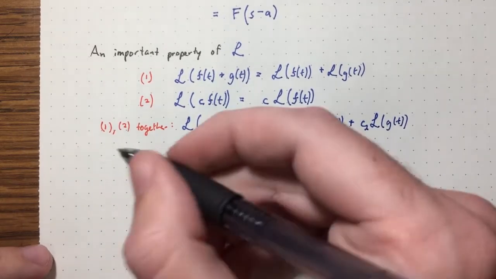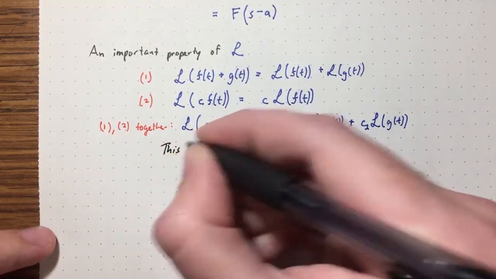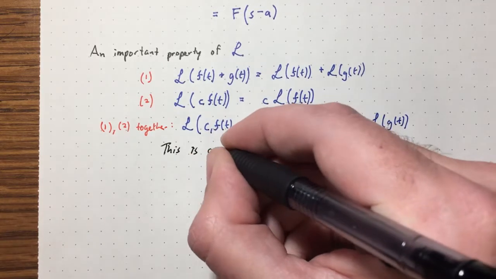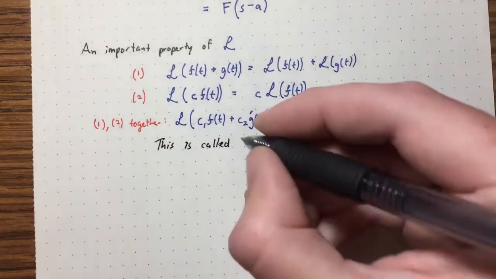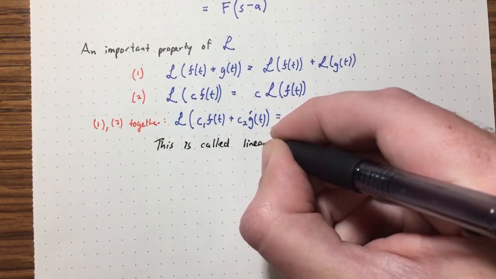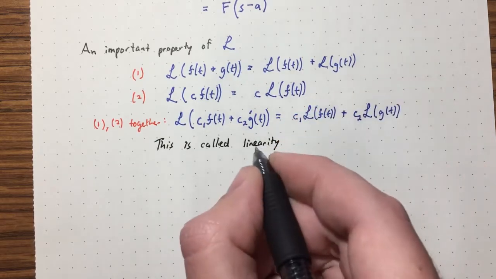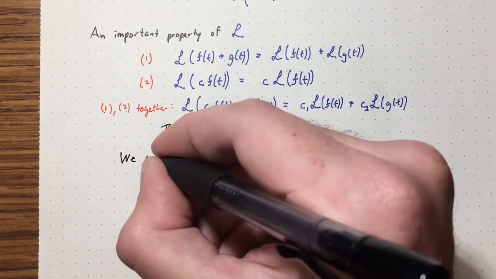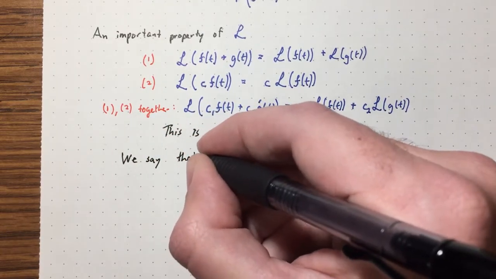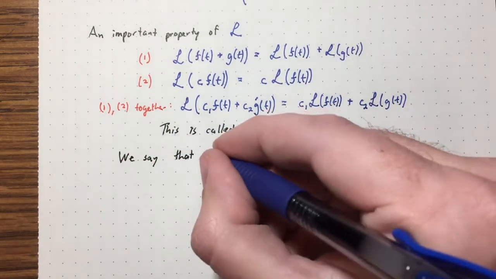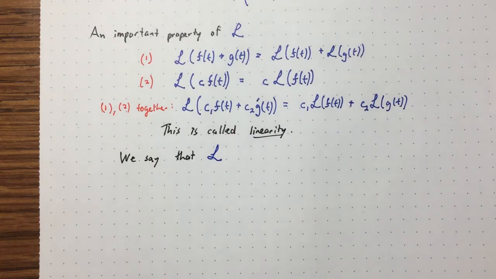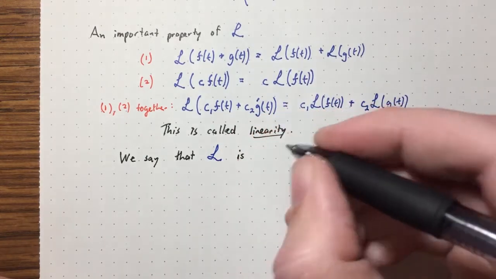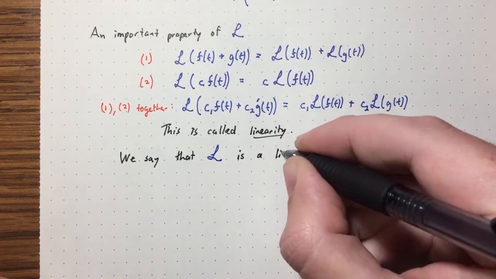And this is called linearity. You might have seen this before. So it's called linearity, a combination of these two properties. And we say that the Laplace transform, the symbol L, is a linear operator. So it is a linear operator.